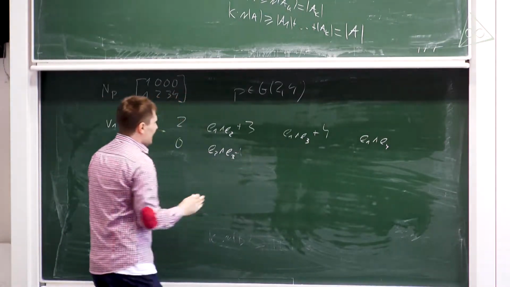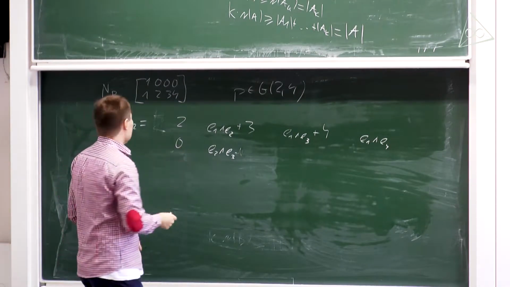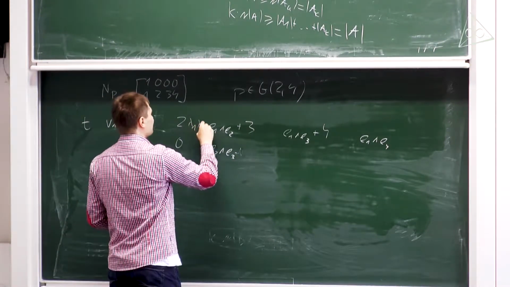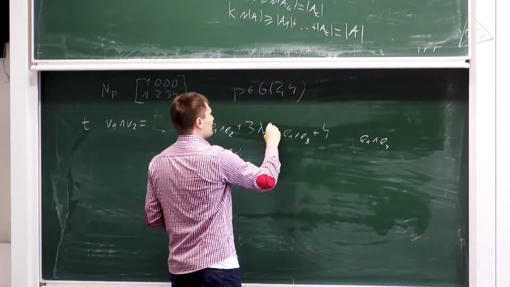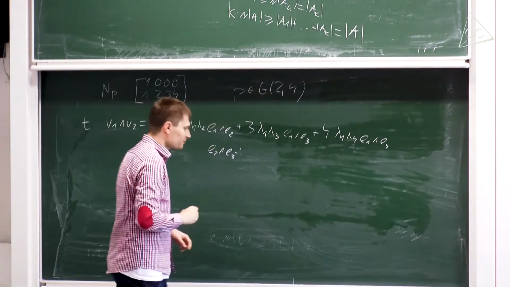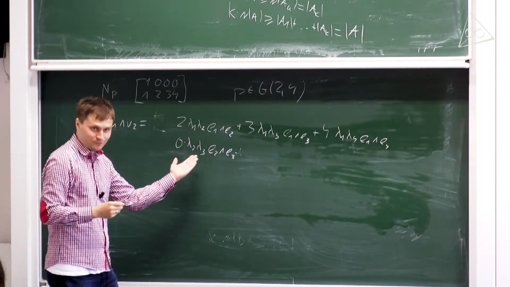And maybe you notice a problem. Now I act with t, and here I get lambda 1 lambda 2, here lambda 1 lambda 3, here lambda 1 lambda 4, here lambda 2 lambda 3, but it's times 0.